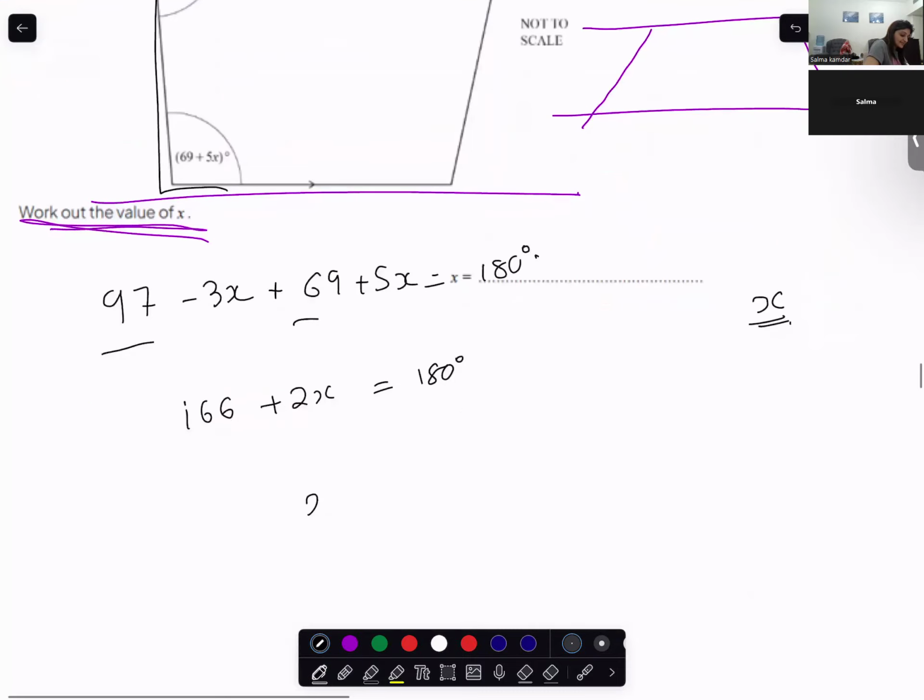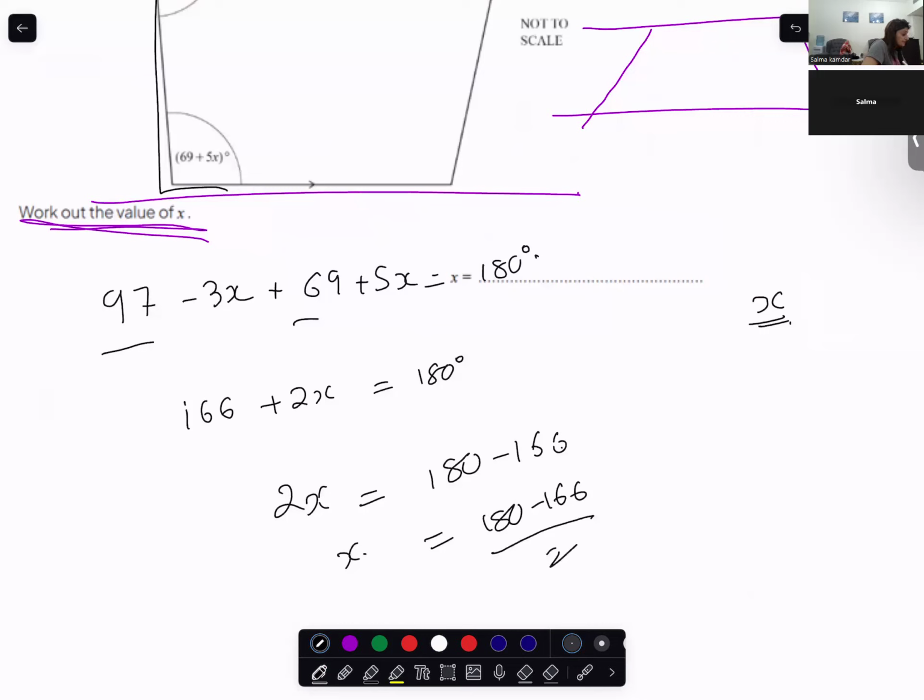So my x is going to be 180 minus 166 divided by 2. You'll just put it on the calculator. So x is equal to 7 degrees or x is equal to 7.